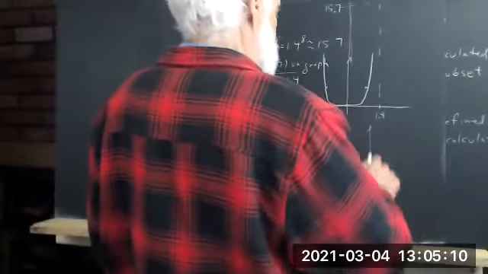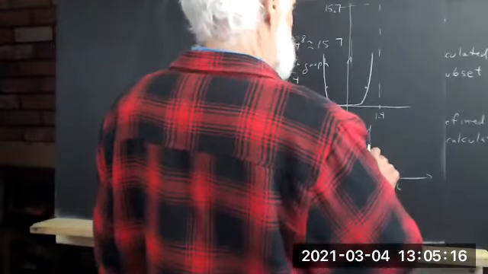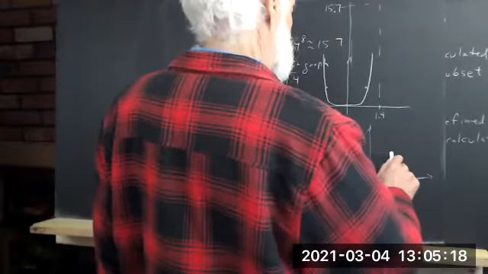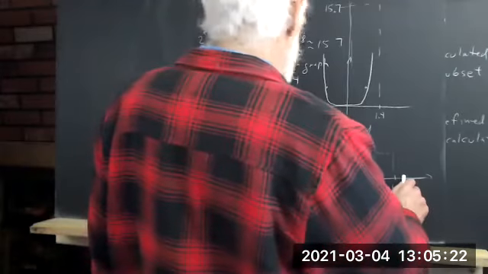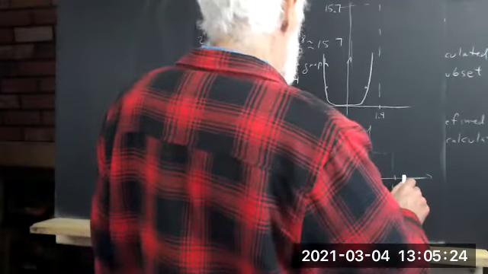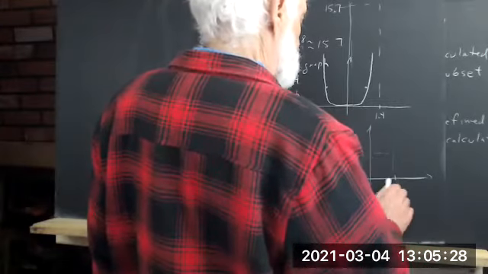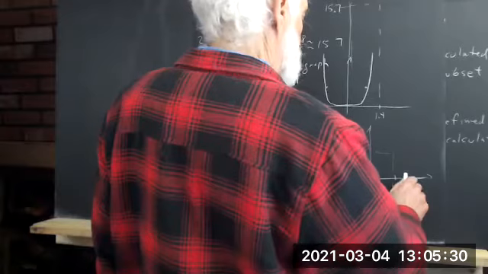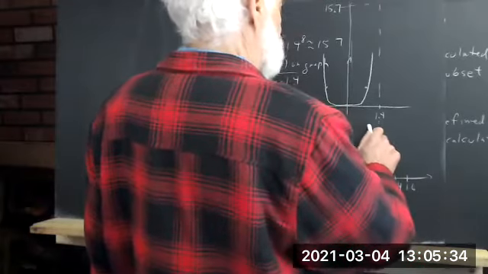Well, if you draw a graph then, it says that when x is 1.6, this thing is somewhere around 16. And when f equals that, that's 1.4. And when f is 1.6, it's around 40.